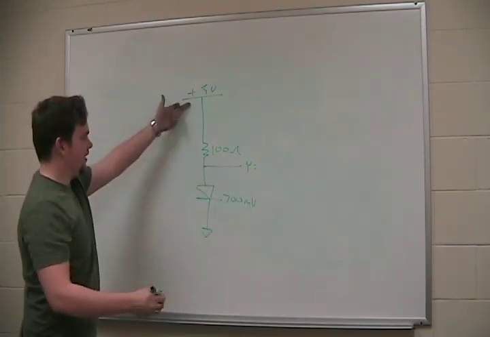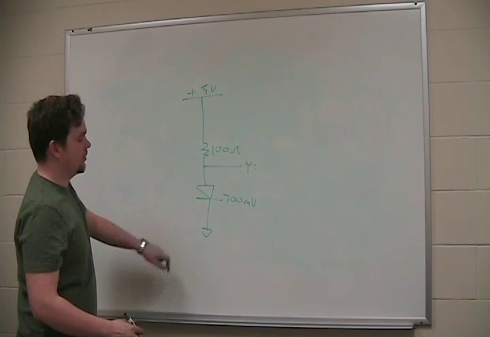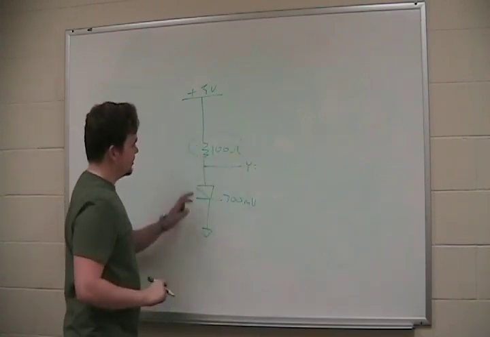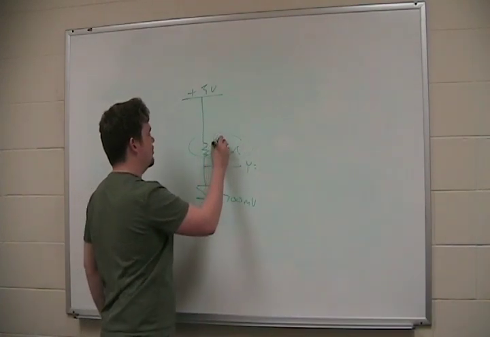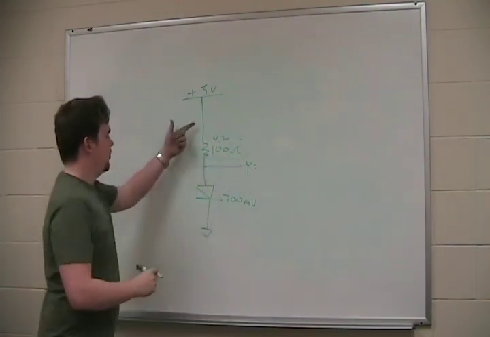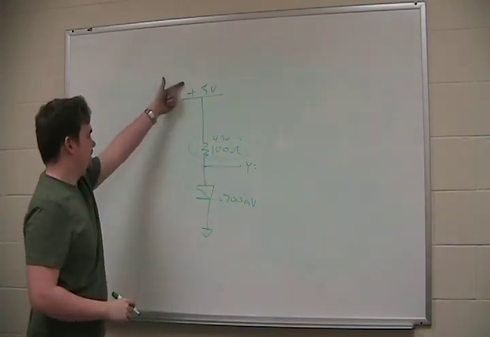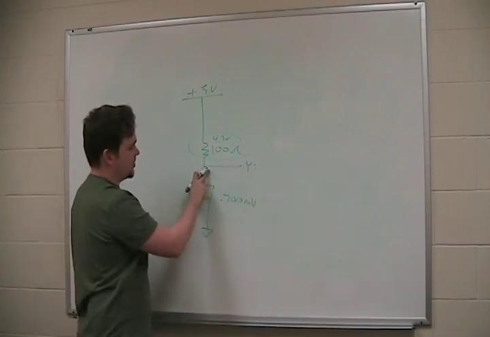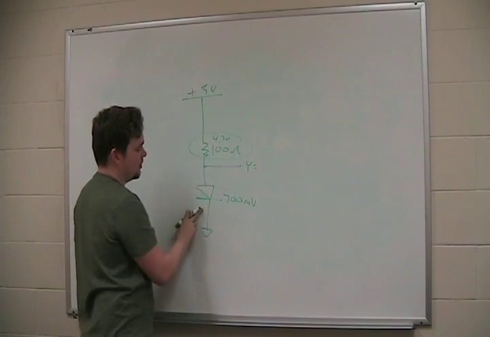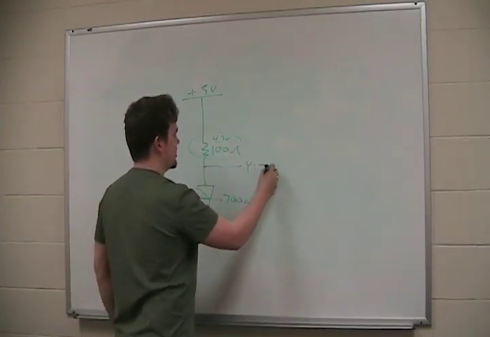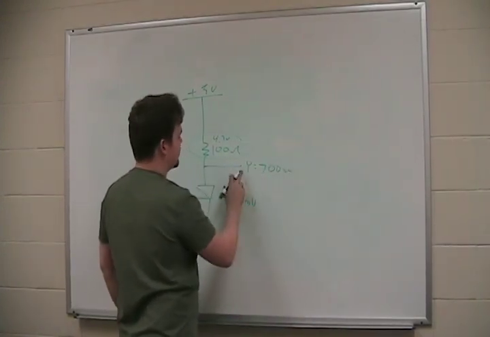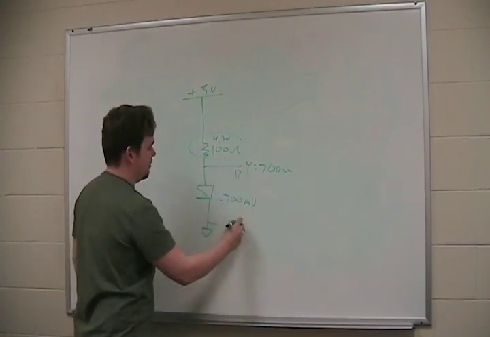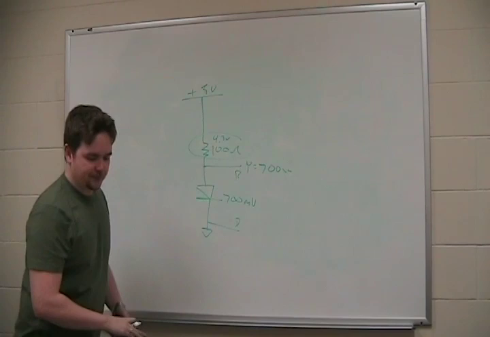So 5 minus 700 millivolts is 4.3. So no matter what, if we've got one resistor there, we know it's going to be 4.3 volts. So with 4.3 volts, 5 minus 4.3 is 700 millivolts, because at this point there's only 700 millivolts to be dropped along this point. So Y equals 700 millivolts. This isn't plugged in anything. This is just a multimeter. Red probe of a multimeter, black probe of a multimeter.